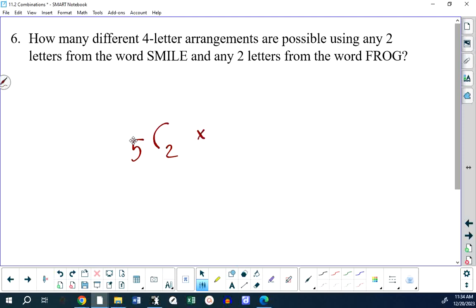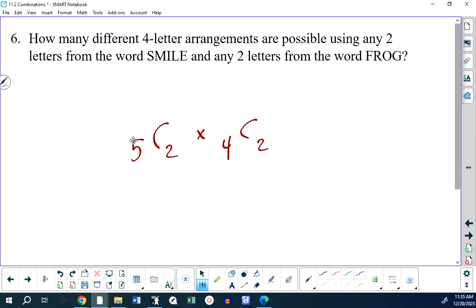And of the 4 letters from the word frog, I need to choose 2 of them. And this will not give you the right answer, because there's something else I need to do. Times 4 factorial over 2 factorial. Almost. Just times 4 factorial.